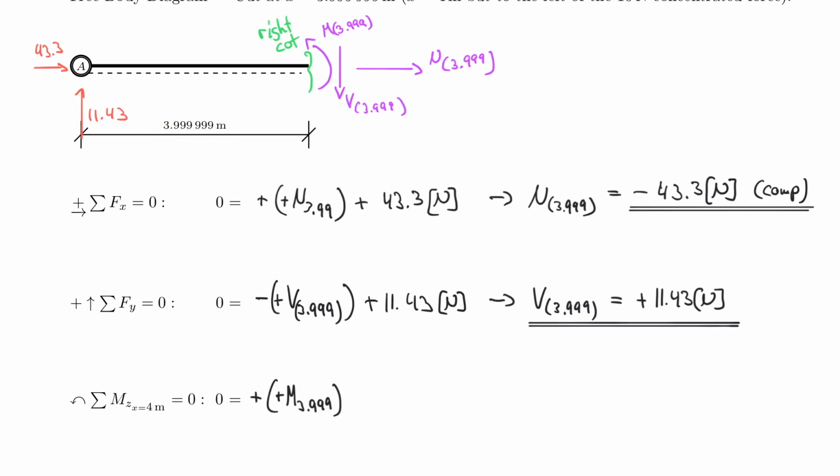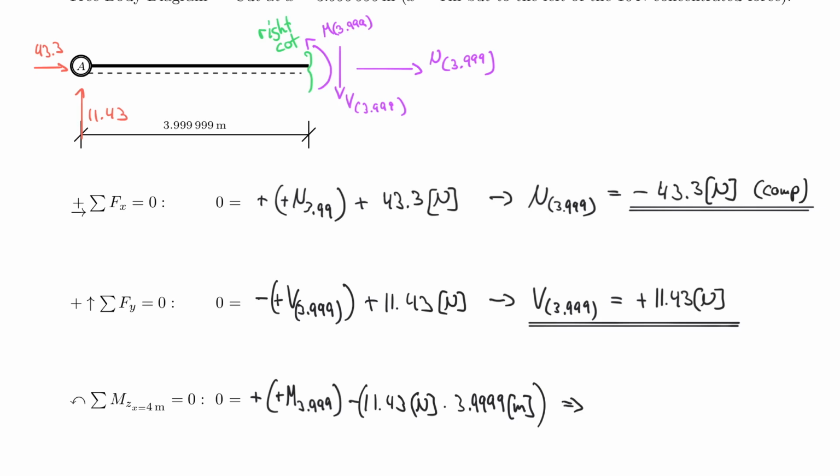So really what I would be writing here would be 11.43 Newton multiplied by 3.99999 meters. Yeah, and now in which direction does that rotate? That clearly rotates about this point in the clockwise direction. So let's make that a negative. And just to be clear, this is all negative.